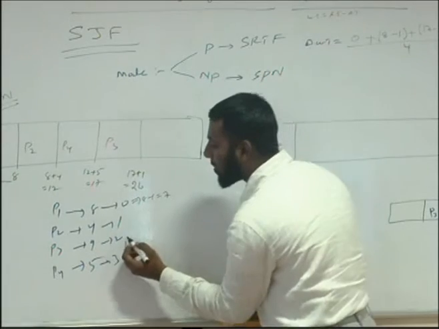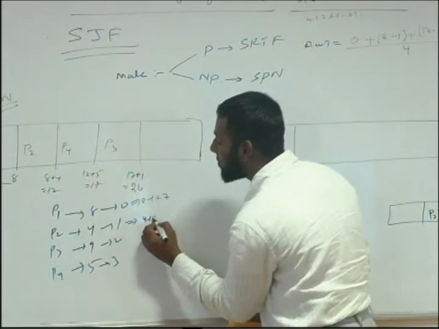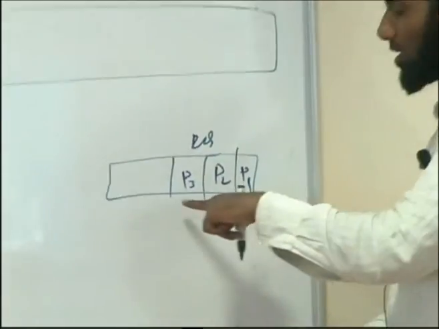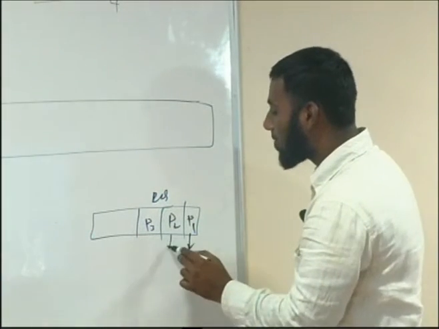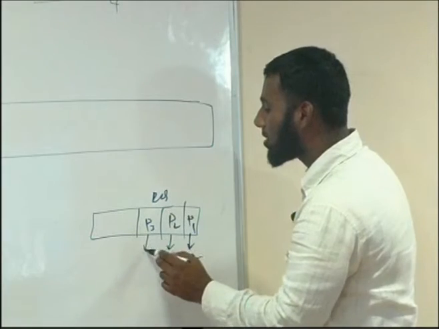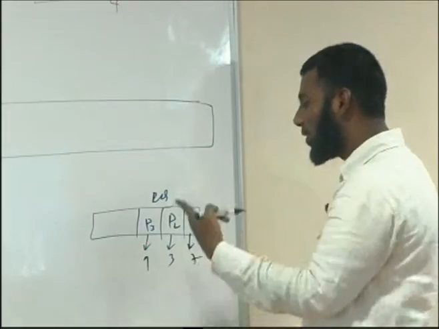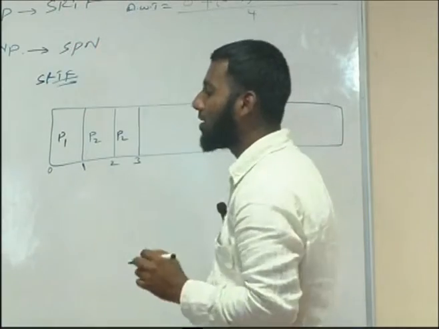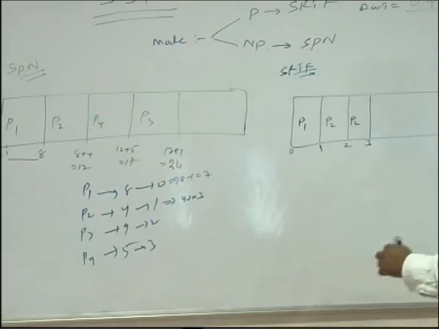Remaining time for process P3 is 9 and for process P2 it is 4 minus 1, which is 3. Now it will find the remaining time for all the processes in the ready queue. The remaining time for process P1 is 7, process P2 is 3 and process P3 is 9. So the shortest remaining time is again P2, so P2 is again given a chance. It will run for one more unit of time. So at time 3, at arrival time 3, another process P4 comes.